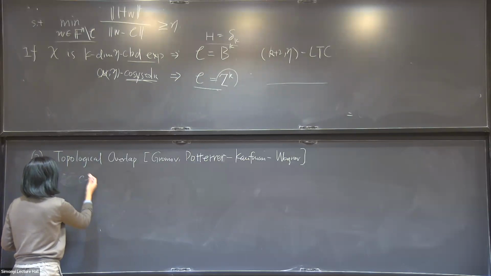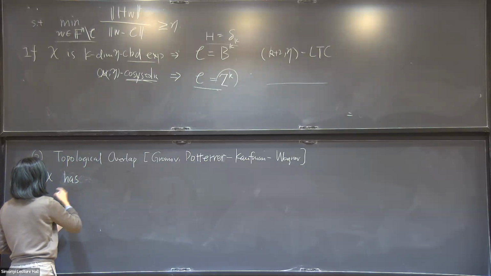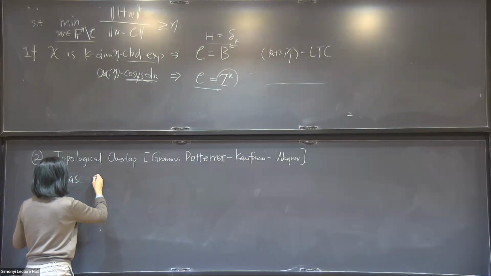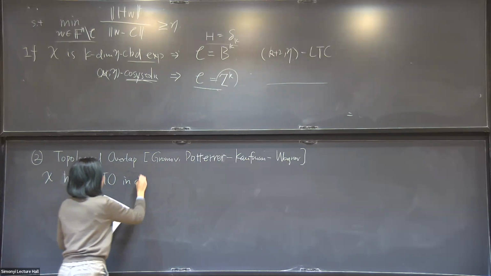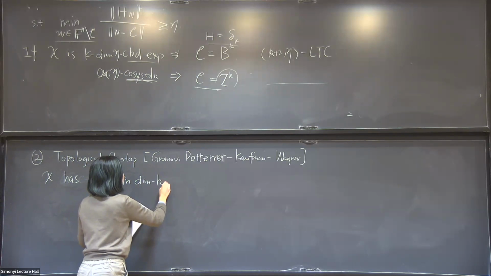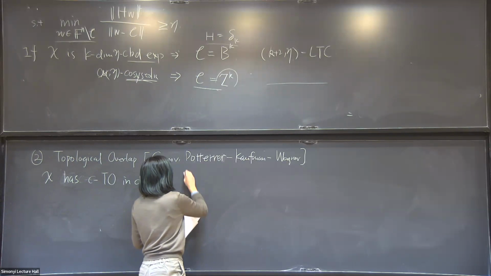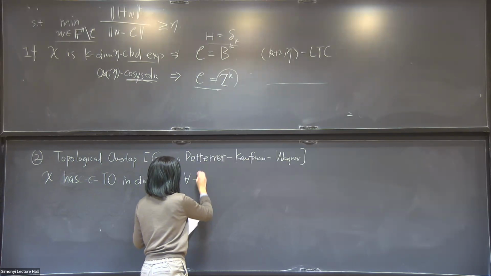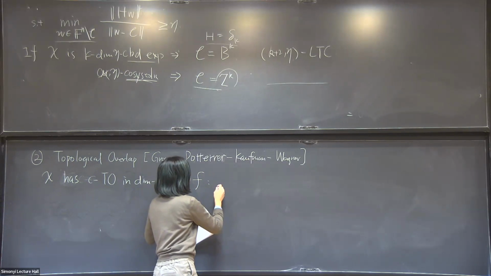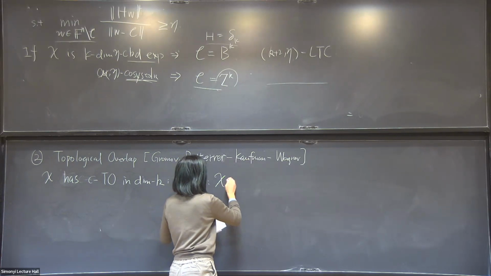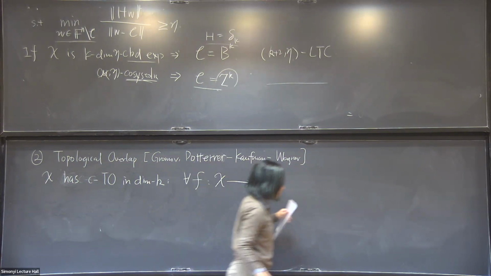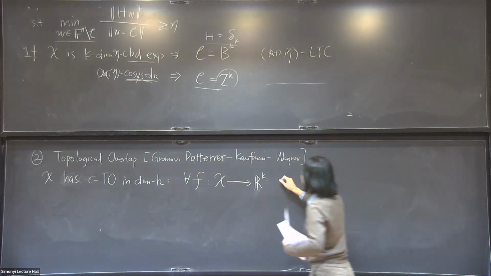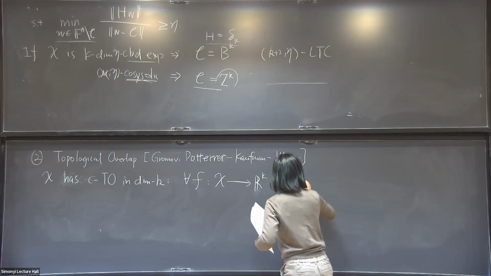Okay, I should say a polytope complex has C topological overlap in dimension k means that for all maps F that map this complex to R^k, this map basically needs to be continuous.